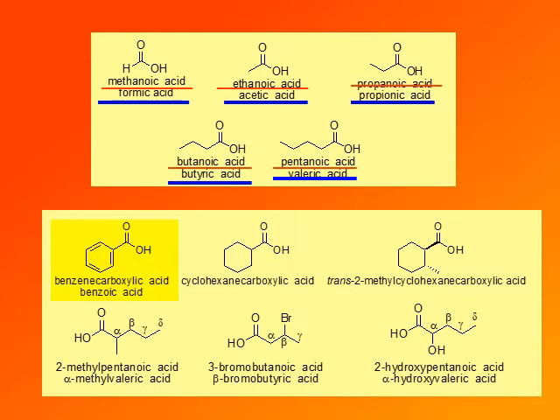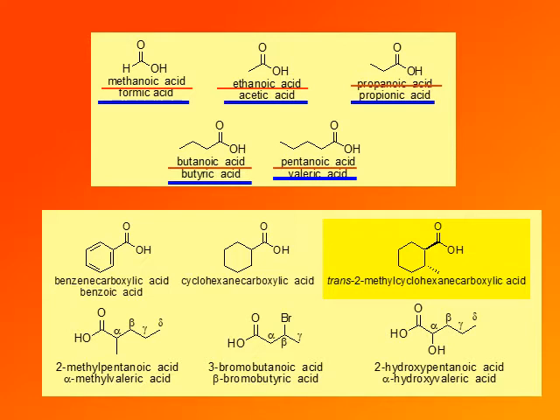Here is one typical example of how we use that carboxylic acid suffix. So this would be cyclohexane carboxylic acid. And an even more complex example where we have a cyclohexane ring with the carboxyl group as a substituent and another substituent, a methyl group, that is on carbon 2 and trans to the carboxyl group.